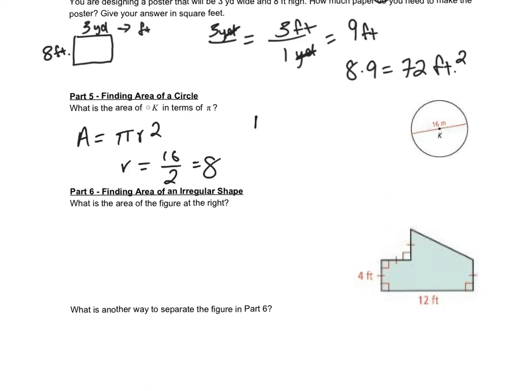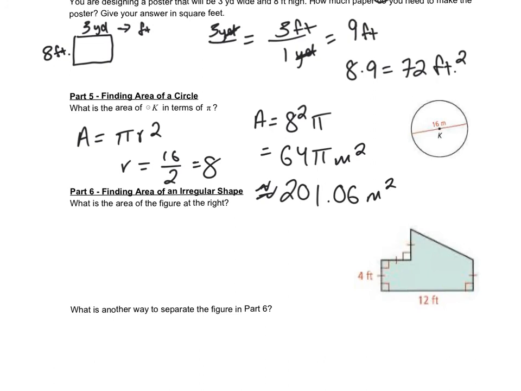Now the area is 8 squared pi, which is 64 pi, or you could multiply 64 times pi, and we get 201.06. And our units are meters squared because we're multiplying the radius twice.